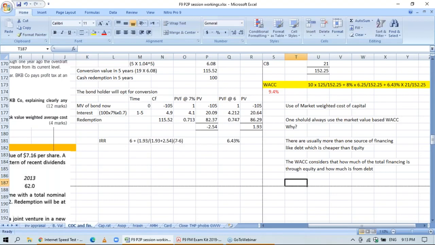If more is obtained from equity, then the WACC will be high, right? Because equity is expensive.